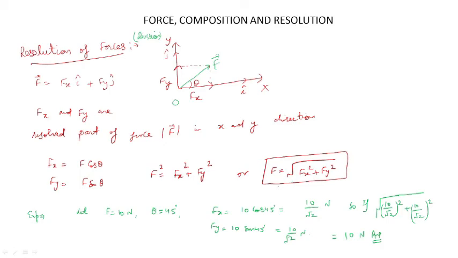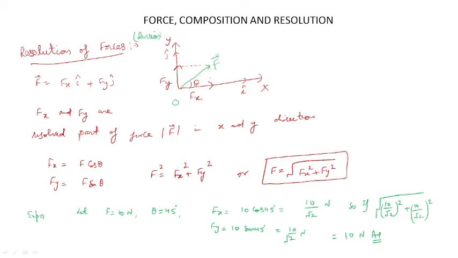Now here you can see that, let us say F is equal to 10 Newton and theta is 45 degrees. So Fx here will be 10 cos 45, we can write it as 10 by root 2. Similarly Fy will be equal to 10 sin 45, so it can be written as 10 by root 2.